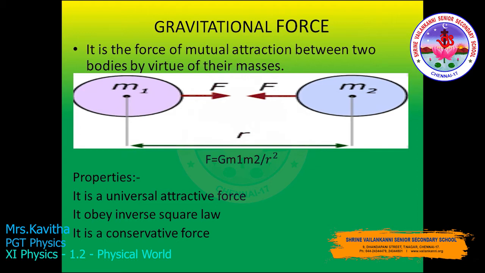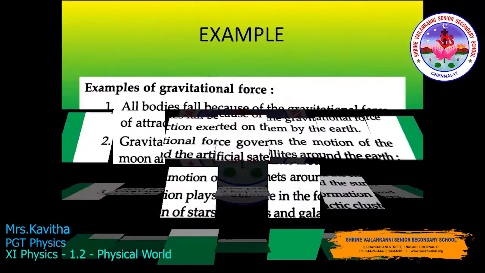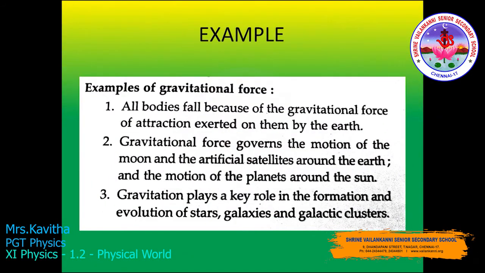Now, next one, an example we can see. All bodies fall because of the gravitational force of attraction exerted on them by the earth. What is gravitation? The gravitational force between two bodies is thought to be caused by an exchange of particles.